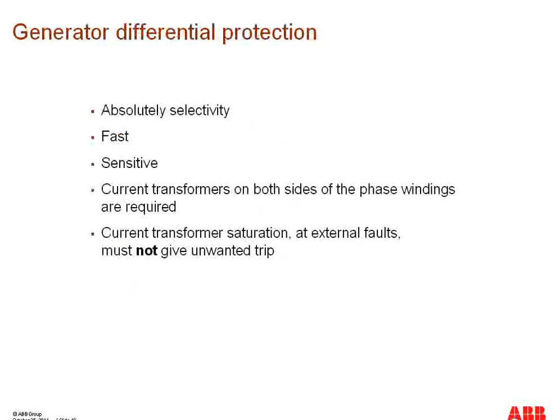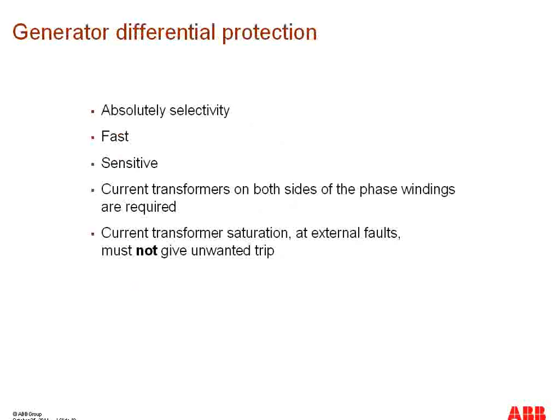So absolute selectivity can be achieved by the differential protection, and it is very fast as well. There is no intentional time delay for the differential protection, because we do not need to achieve any selectivity or coordination with the other power system elements of protection. The generator differential protection will be able to detect fault currents much smaller than generator current at normal operation, giving a very good sensitivity as well.